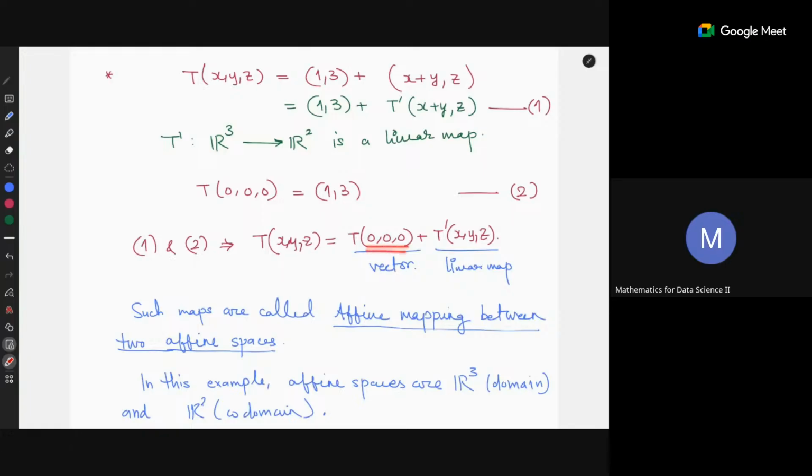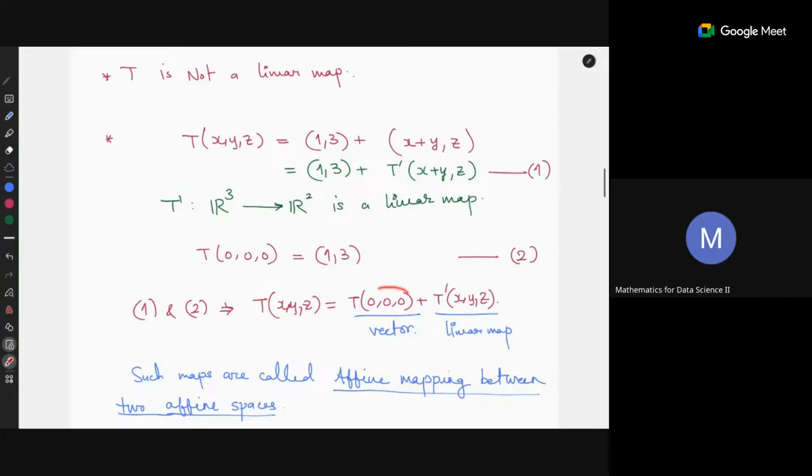That should come from the affine subspace. I can use this (0, 0, 0) to think of R3 as an affine subspace of R3, as the (0, 0, 0) vector plus R3. So for a fixed representation of R3, you need to remove the image of this vector from T(x, y, z) in order to get the linear map. That will be my definition of the affine map.